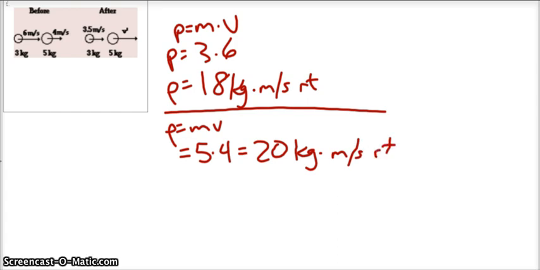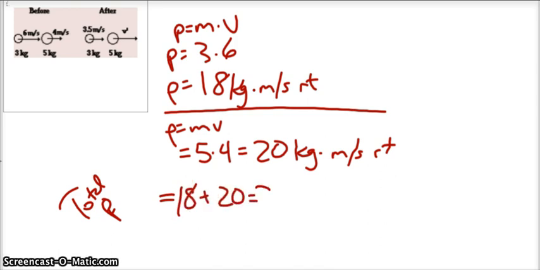Since they're going in the same direction, you add them together to get your total. So your total momentum is going to be 18 plus 20, so it winds up being 38 kilograms times meters per second to the right.